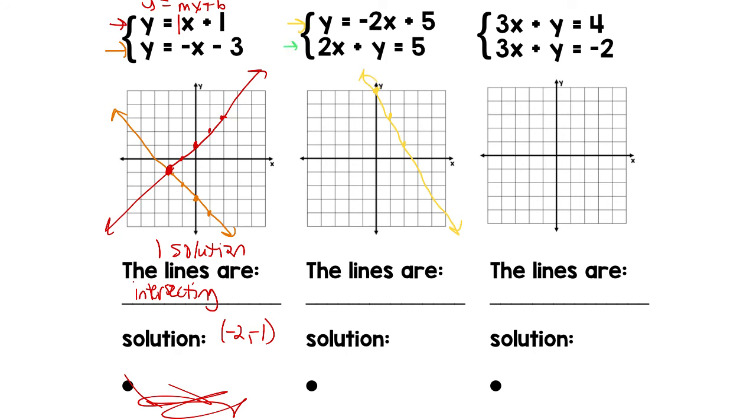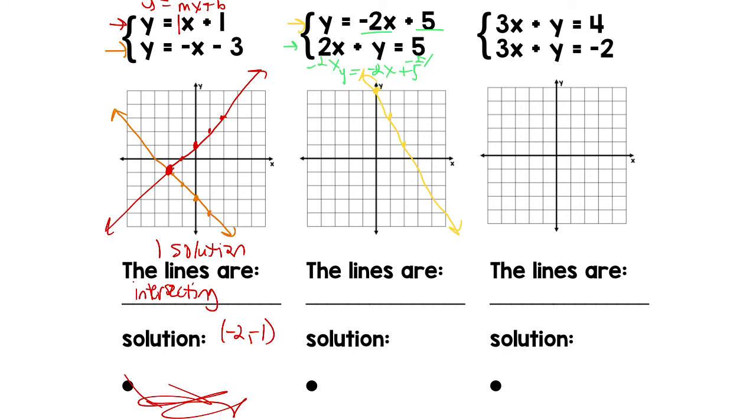Well, this one we have to rearrange just a little bit. We can subtract that 2x from each side and get y is -2x plus 5, which looks really familiar. So our graph of the green line would be exactly on top of the yellow line.